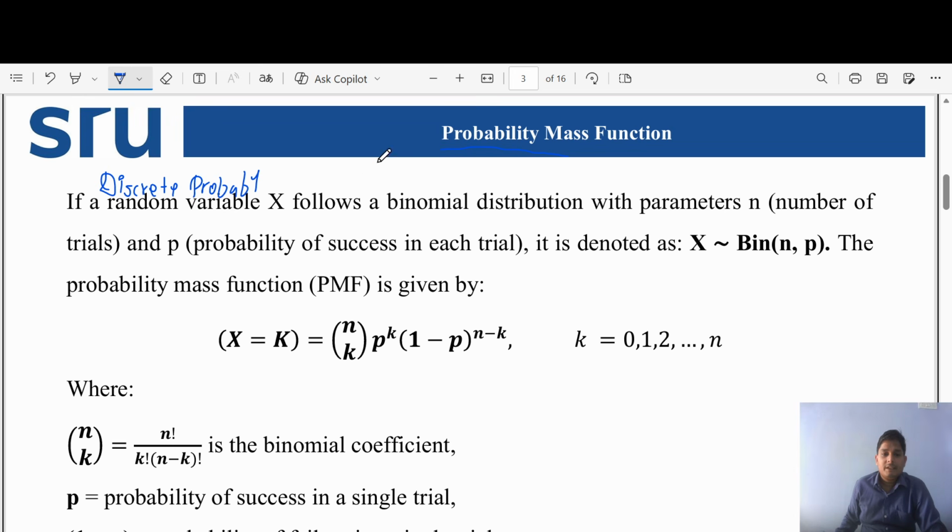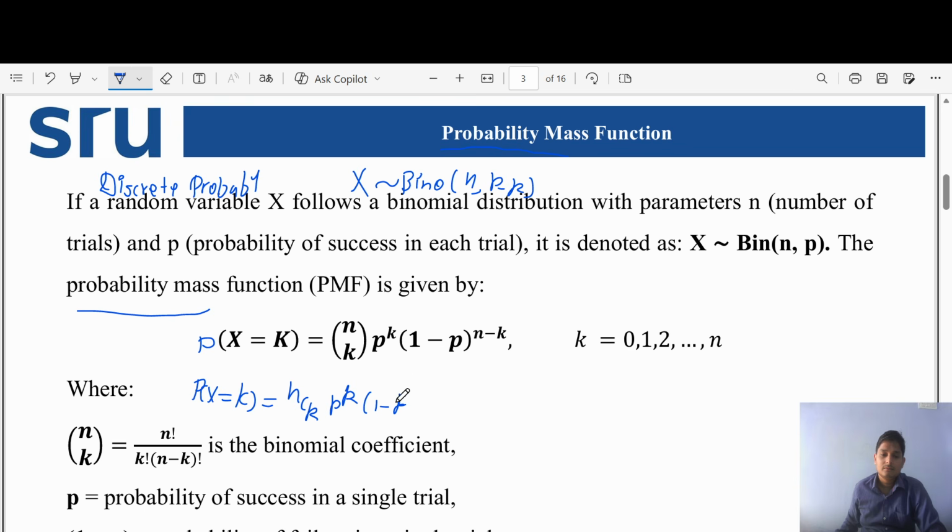If capital X follows the binomial distribution with parameters n, p and k, with n trials, probability p and k number of successes evaluated, then the probability mass function PMF is given by P(X = k) = nCk p to the power k (1 minus p) to the power n minus k.